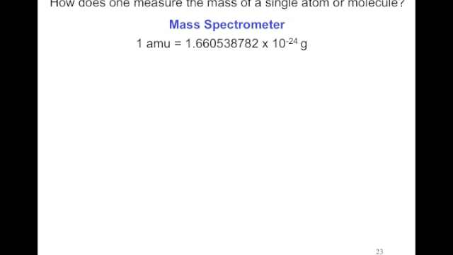Any moving charged particle generates a magnetic field and will interact with another magnetic field that you put in the path of the beam. So the mass spectrometer essentially works on the same principle.